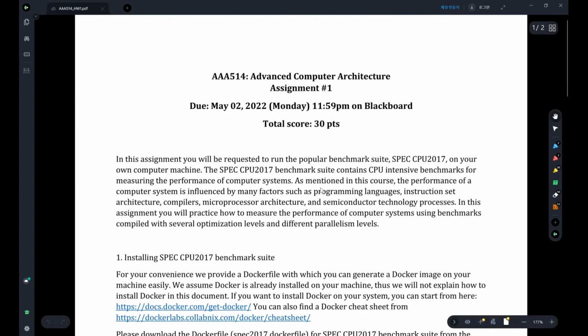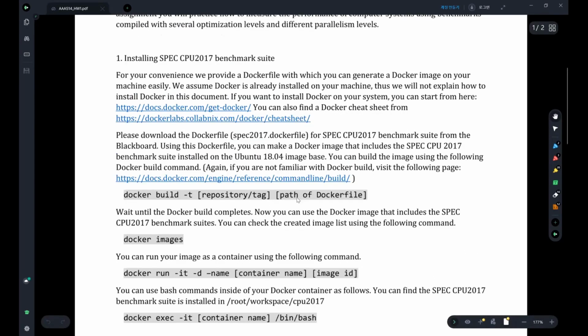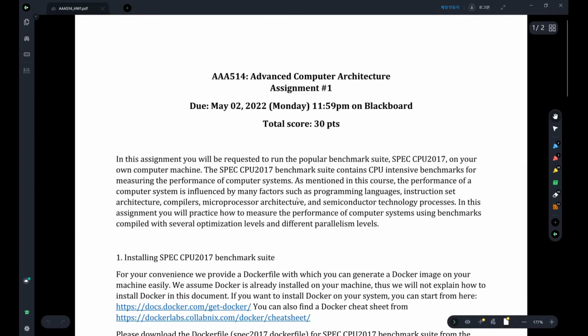You can change the compiler optimization level. You can also change the number of threads in the SPEC benchmark. You can compare the performance across these compiler optimization levels and numbers of threads. But it may take time because you need to run the benchmark.